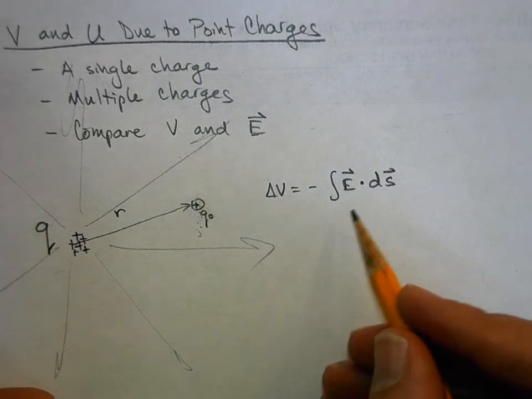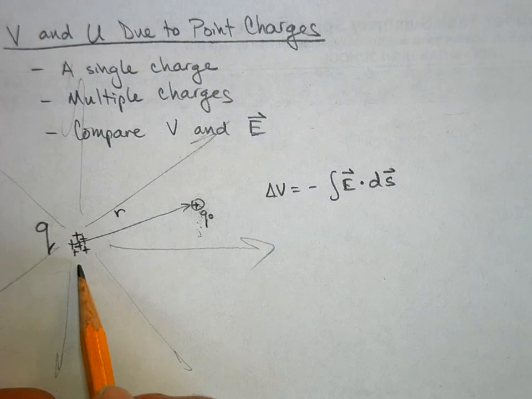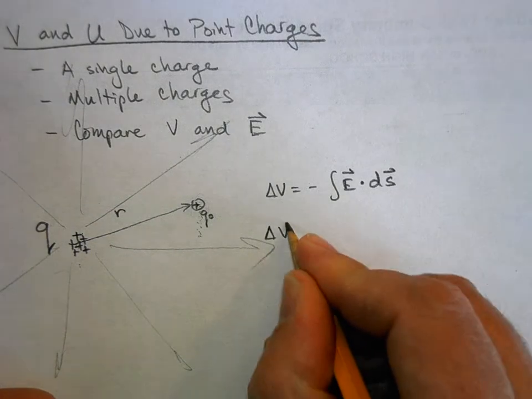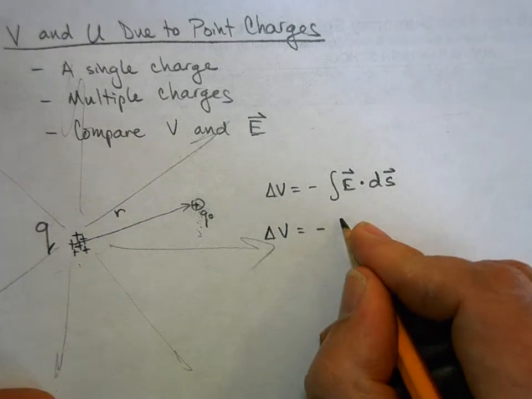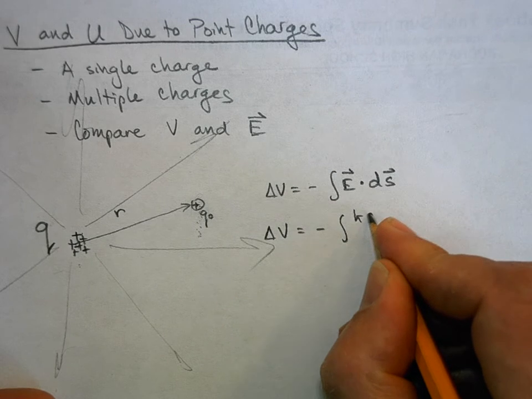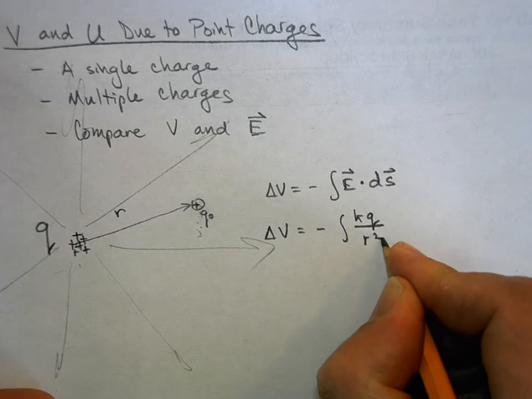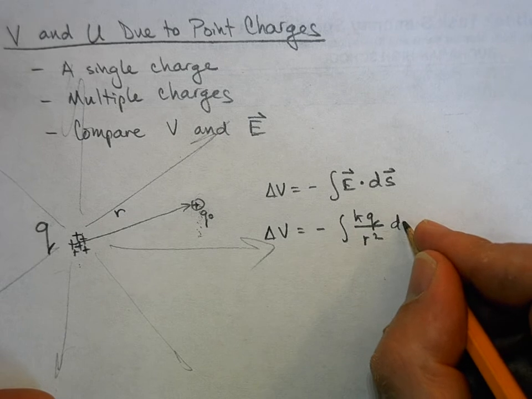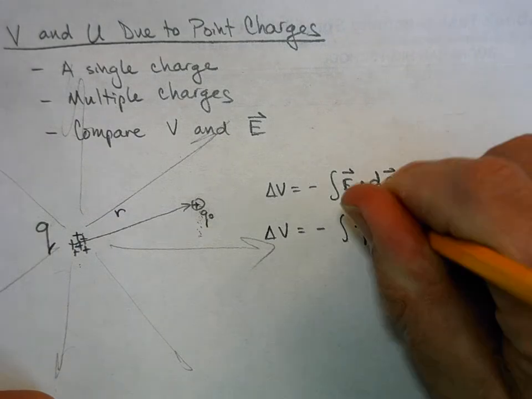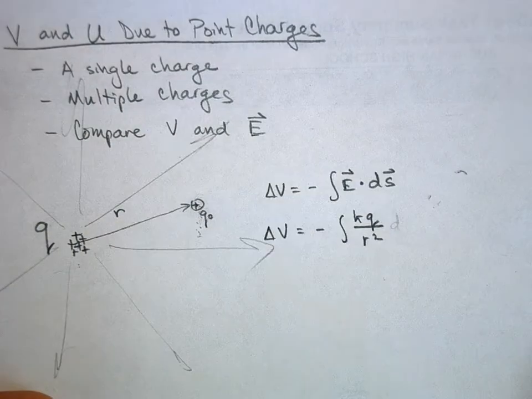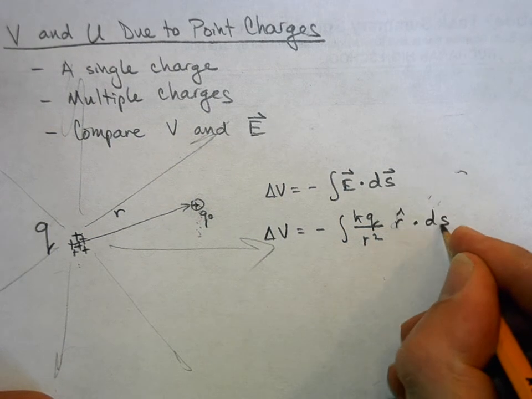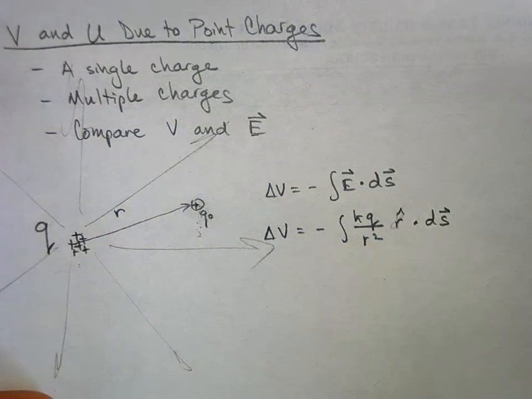And I said, well, this is a point charge right here, so the electric field due to a point charge is equal to kq over r squared in the r hat direction, dotted with ds.